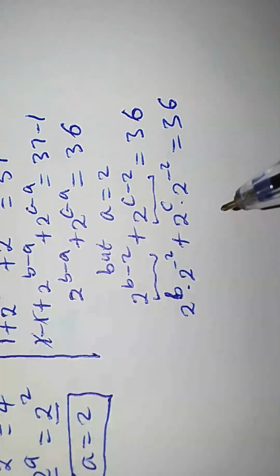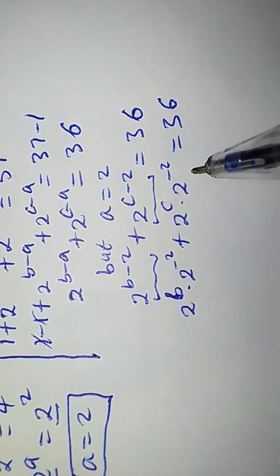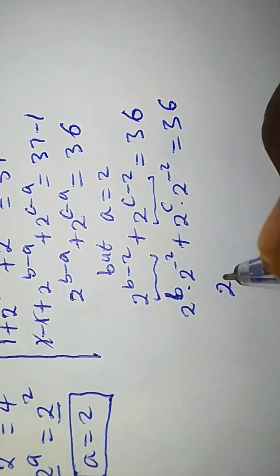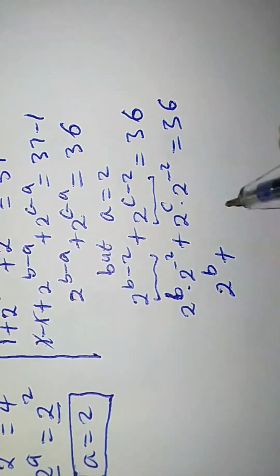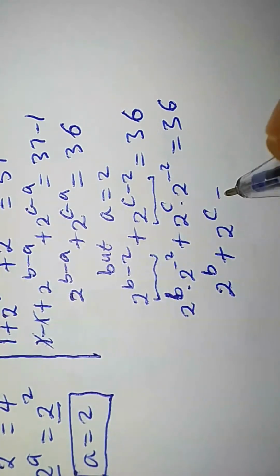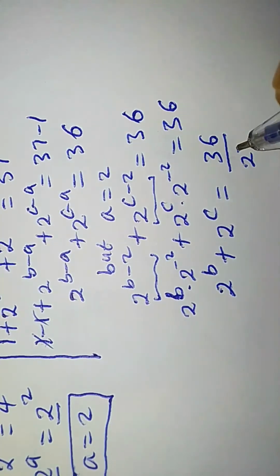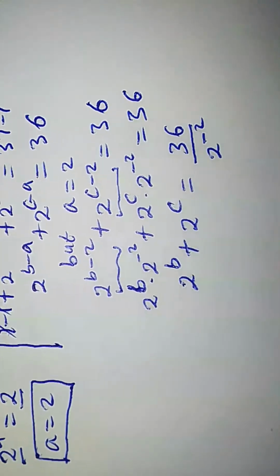We can divide both sides by 2 raised to minus 2. So doing that, we have 2 raised to b plus 2 raised to c equal to 36 divided by 2 raised to minus 2. Let's proceed further.